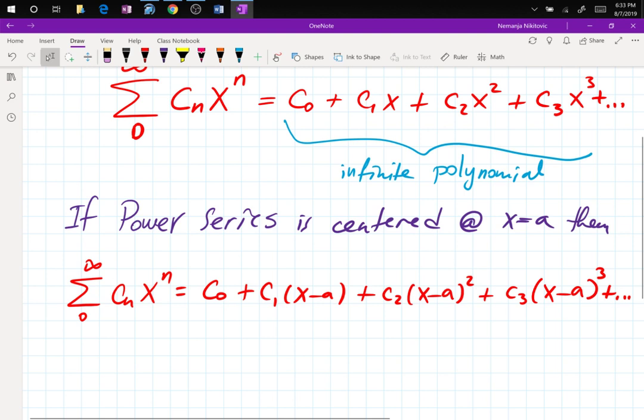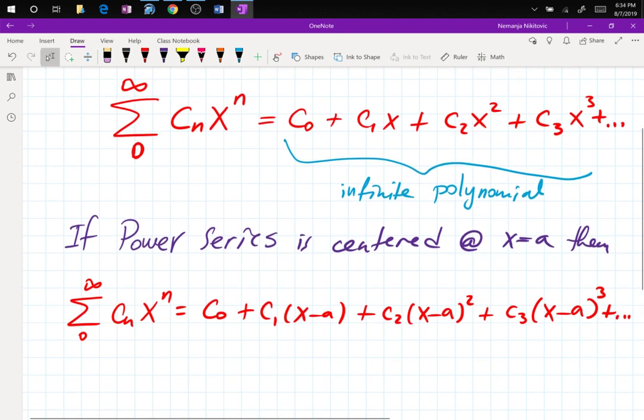So we are introducing this x minus a business, which is going to shift the sequence left or right depending on the value a. If you are centering at -2, then it will have x plus 2, x plus 2, x plus 2 everywhere, and that shifts it to the left to -2. So we'll see what that means when we get there. Right now, we are concerned with this.